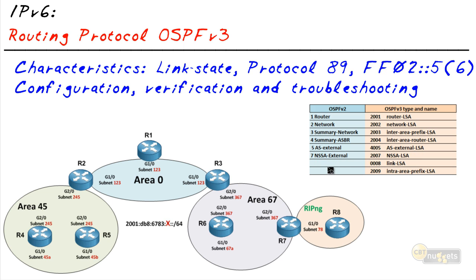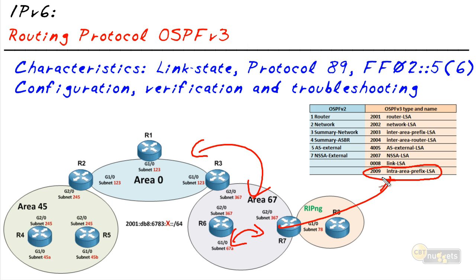And then last but not least, we have the intra-area prefix. Inter-area is like between two areas. Intra-area is within an area. And this, my friends, the 2009, is going to describe every single IPv6 prefix inside of a given area. So R3, R6, R7 are all going to have exactly the same link state advertisements in their link state database regarding Area 67.